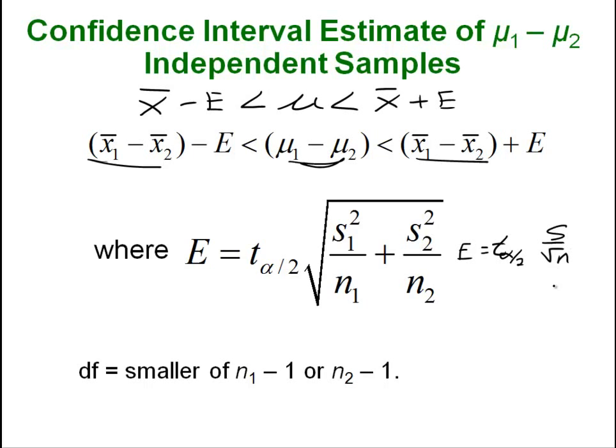But again, just like before, isn't that the same thing as s squared over n, the whole thing square rooted? And then you can see how these two formulas are extremely similar as well. Also, as we stated before, if you have to do this stuff by hand, you always pick the smaller of the two to be your degrees of freedom. If you're doing it with technology, you don't have to worry about that. It calculates degrees of freedom for you, and it's just going to ask you for sample sizes.